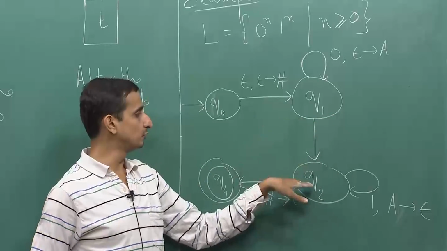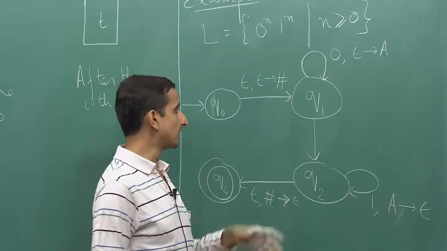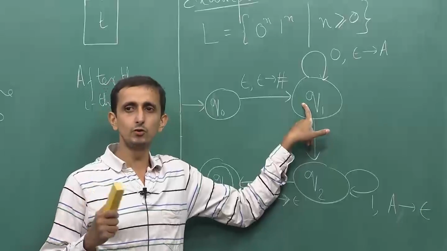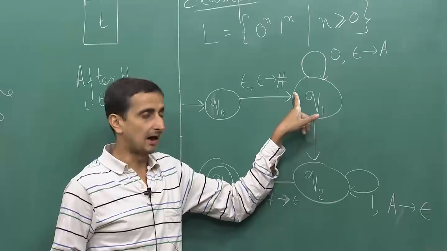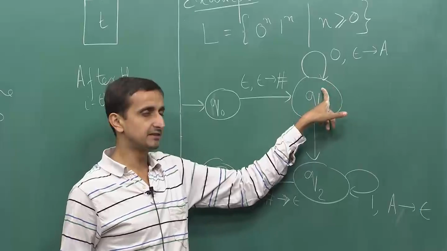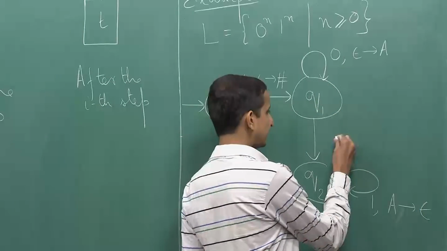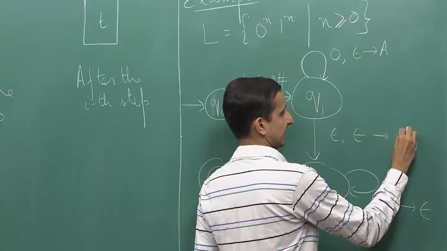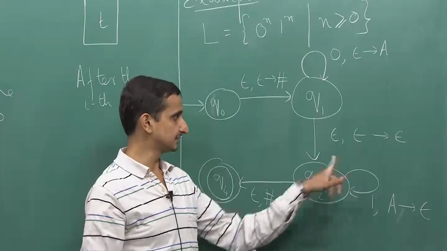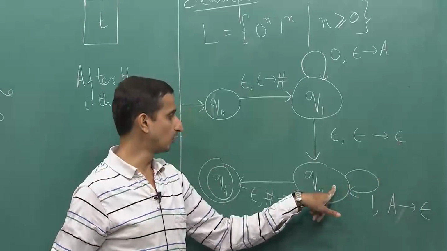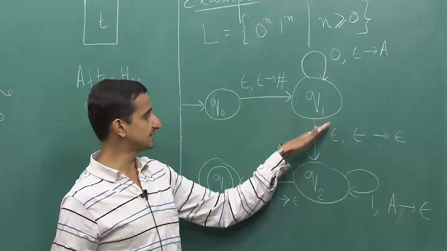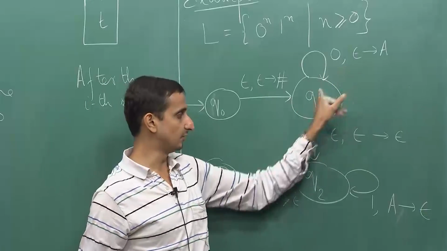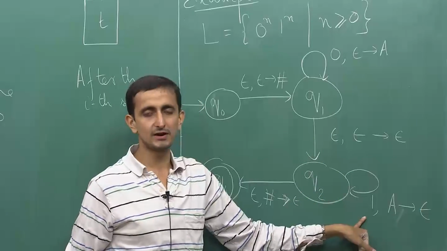So, when will I go from q1 to q2? I just do that non-deterministically. Whenever I am at state q1, I will non-deterministically do one of two things. Either I will check whether the next bit is a 0 or not, or without reading any symbol and without changing anything on the stack, epsilon to epsilon, I just go to q2. So, non-deterministically I am trying to see if the next symbol is a 0 or if the next symbol is going to be a 1.